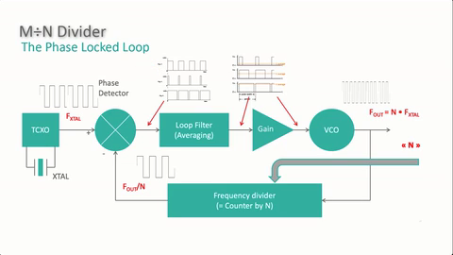When the VCO runs faster than the crystal oscillator, the phase detector produces a duty cycle less than 50%, which slows down the VCO, which keeps the two signals exactly 90 degrees out of phase. And when the VCO runs more slowly than the crystal oscillator, the phase detector senses the change and produces a duty cycle greater than 50%, and that speeds up the VCO. And once again, the two signals stay exactly 90 degrees out of phase.